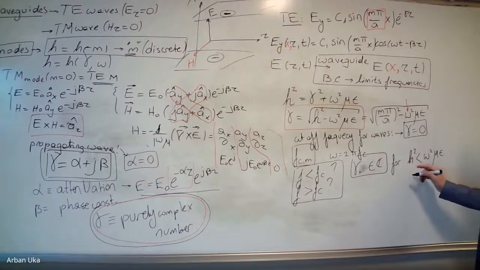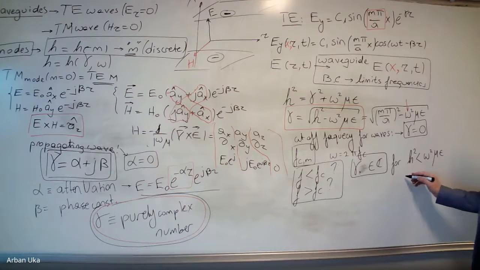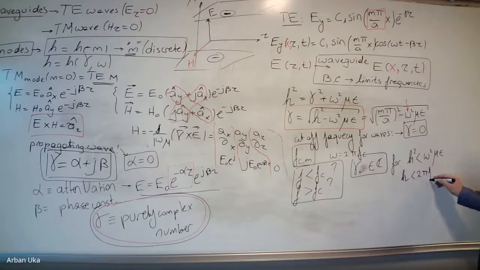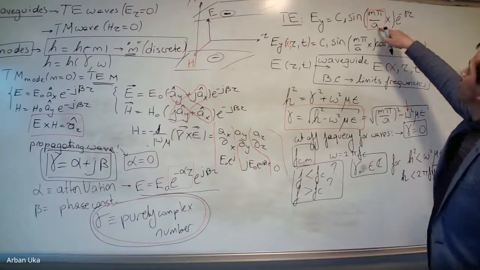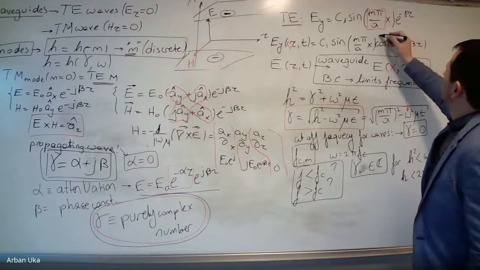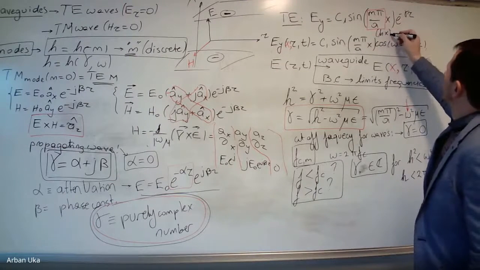Then we say the following: we can take the square root of both sides, and we get that H is smaller than 2 pi f times the square root of mu permittivity. And the H itself, let's have a look at H. Because this is Hx, right?